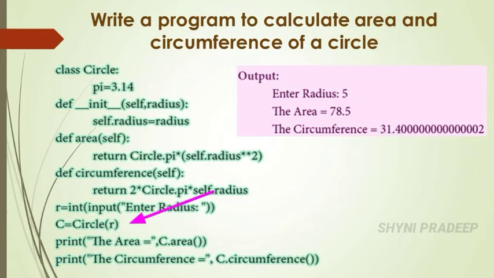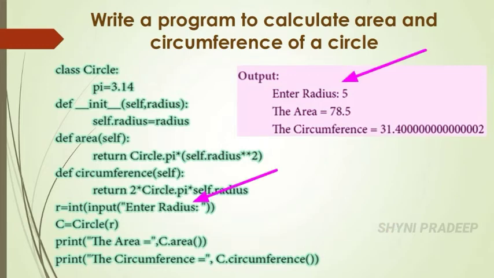Next, c is the object name, equal to Circle, the class name. Within the parentheses one value is given for the radius argument, that is r. You have to enter the value for r. And the next line is what? Print the area is equal to c.area. Next statement, the circumference is equal to c.circumference.